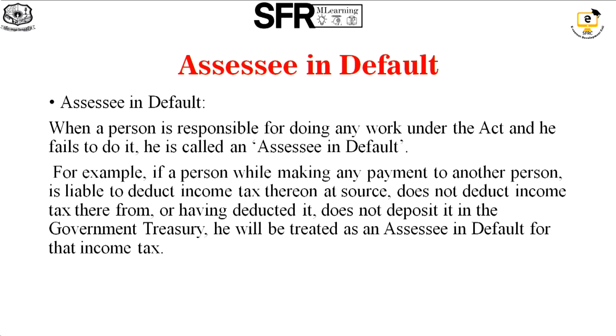If a person while making any payment to another person is liable to deduct income tax thereon at source, does not deduct income tax therefrom or having deducted it, does not deposit it in the government treasury, he will be treated as an assessee in default for that income tax.